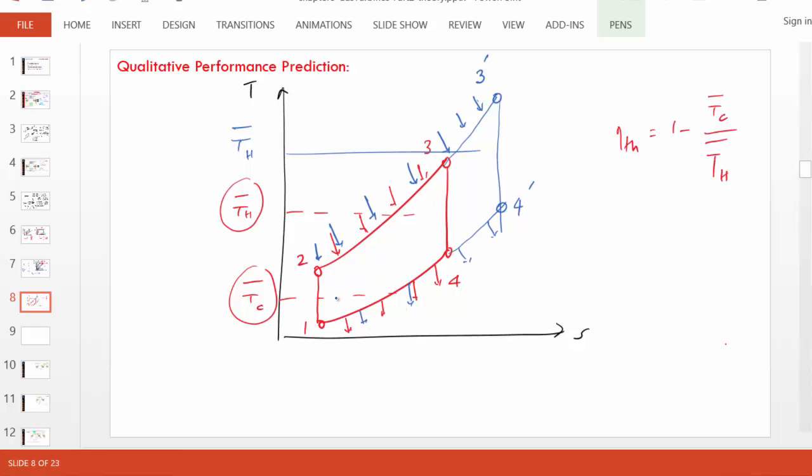That's also raised to Tc bar. So thermal efficiency, which is 1 minus Tc bar divided by Th bar. This is good news, Th bar is increased, but so is Tc bar. So you can see that you cannot say for sure if thermal efficiency is now higher or lower or about the same.